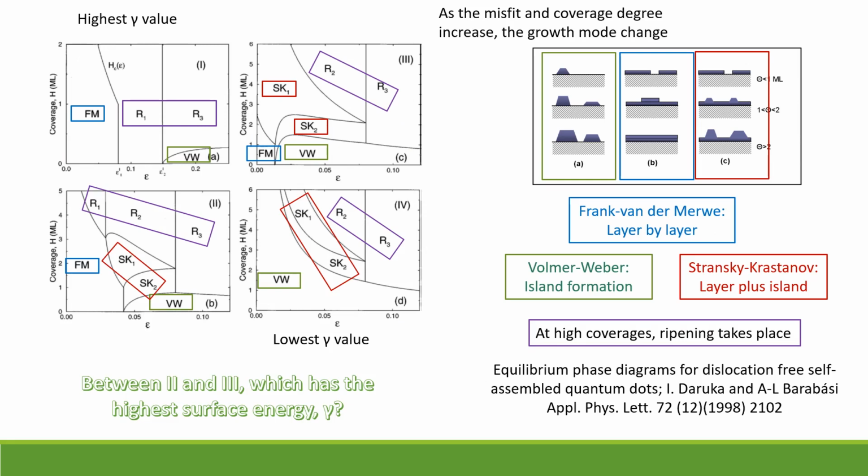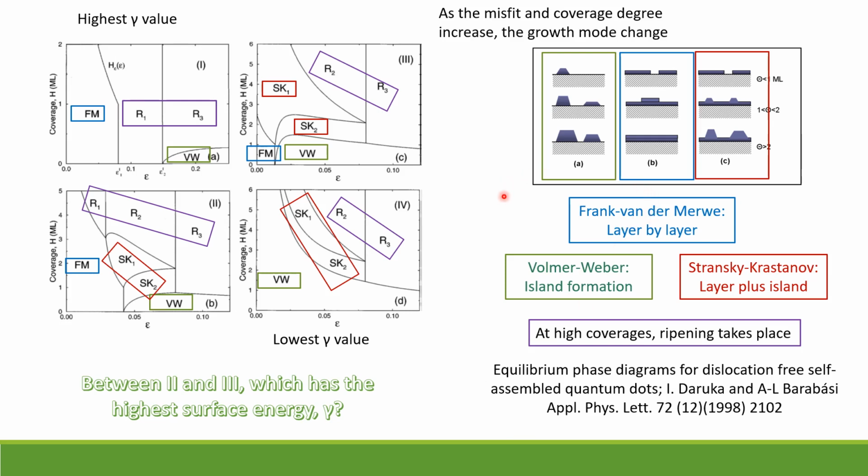Another example is the quantum dot. A quantum dot is like a dot in which I have a high degree of confinement of the carriers. Normally, they are made by depositing the compound I want to grow for the quantum dot on a substrate.